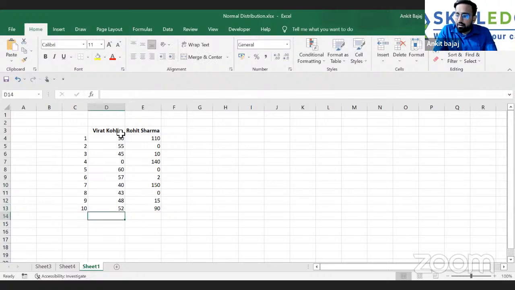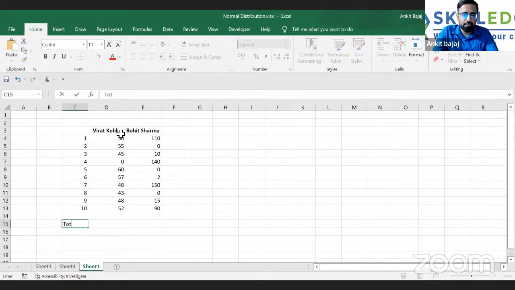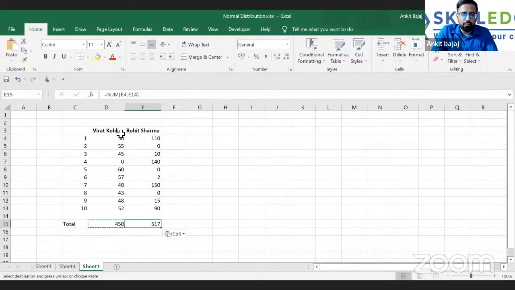Now, if I do the total, the total of Virat Kohli is 450, right? In the previous series, Virat Kohli scored a total of 450 runs. And this player scored 517 runs, right? So Rohit Sharma scored more runs.